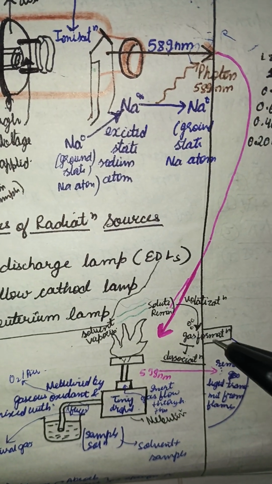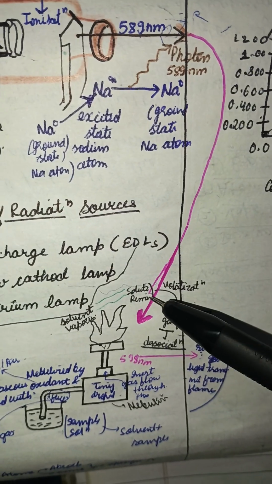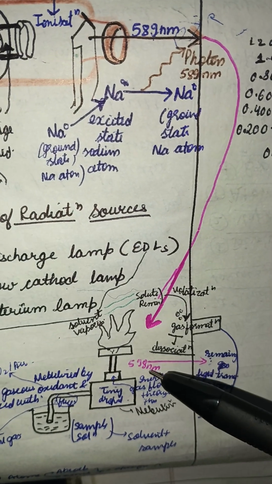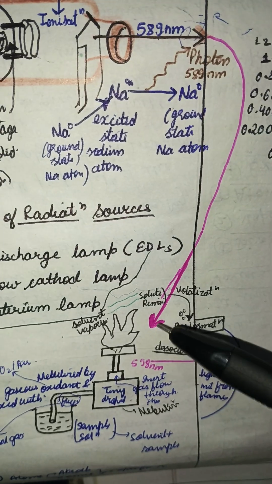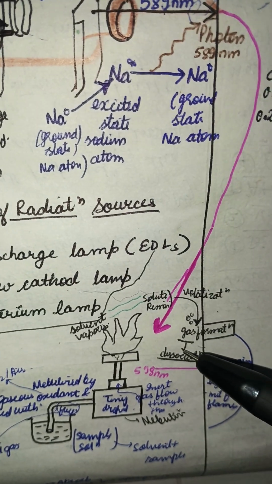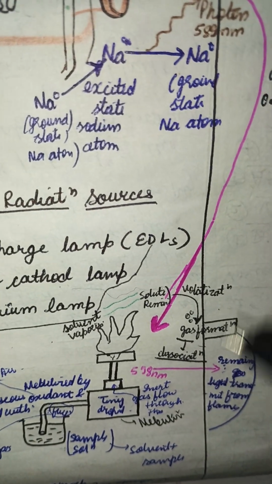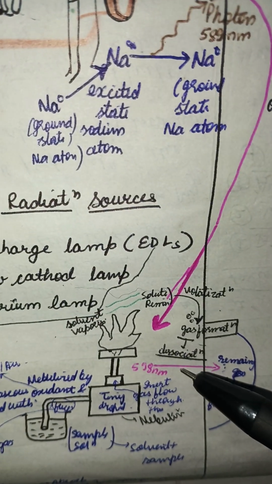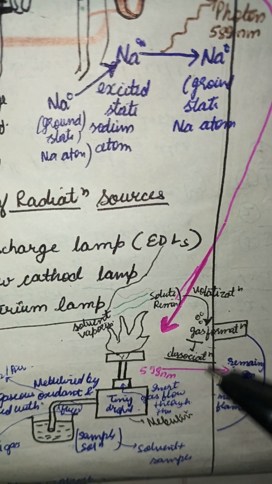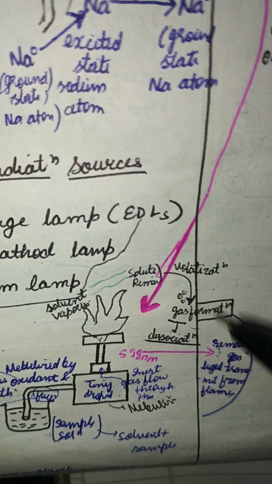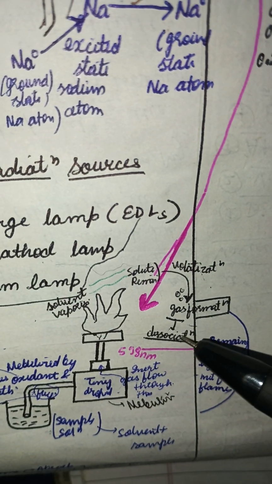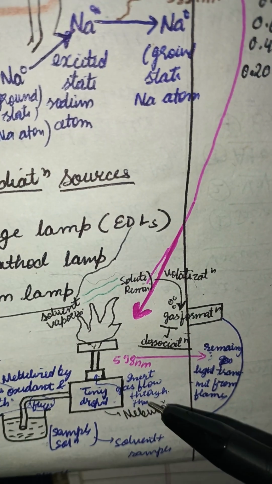So in the gas particles, the 589 nanometer wavelength is absorbed by as many atoms, which shows the presence of sodium atoms. By this we can also calculate the concentration, how many atoms have absorbed, and by that we can calculate the concentration of sodium atoms in the given sample.